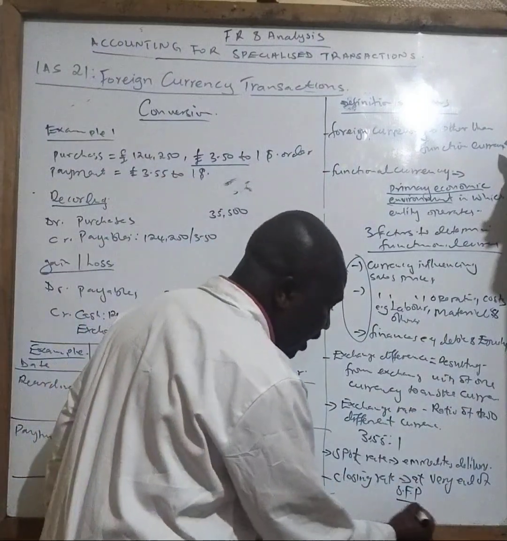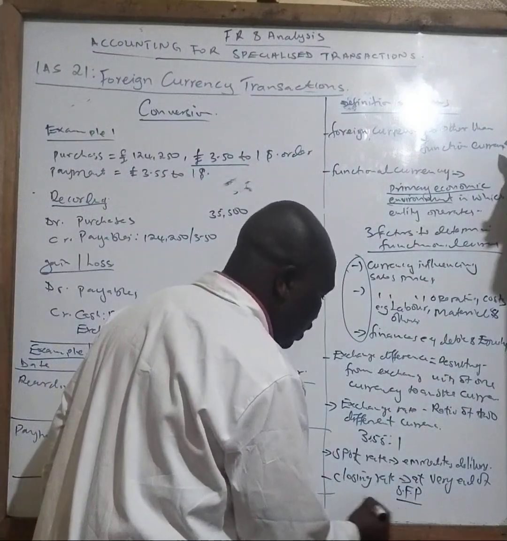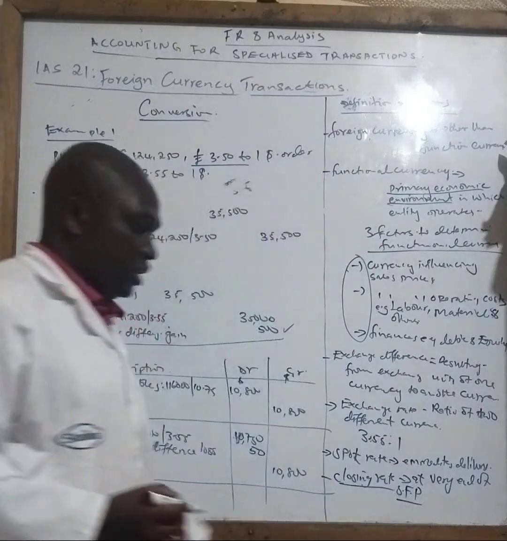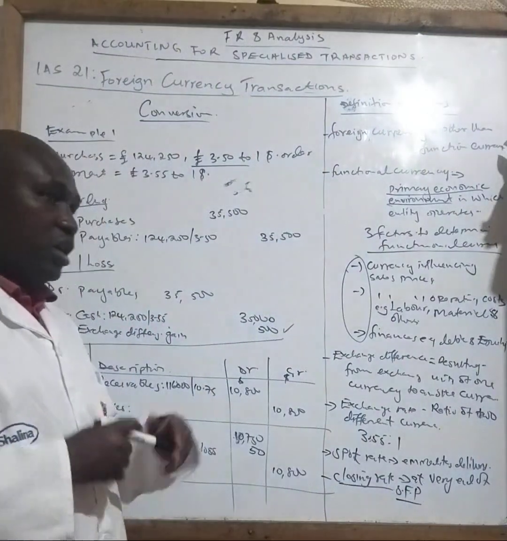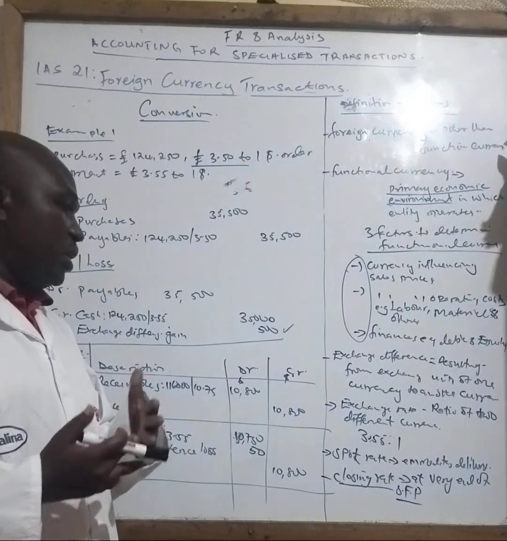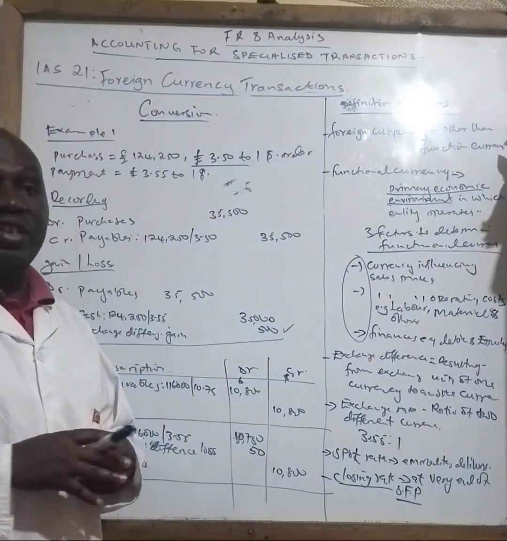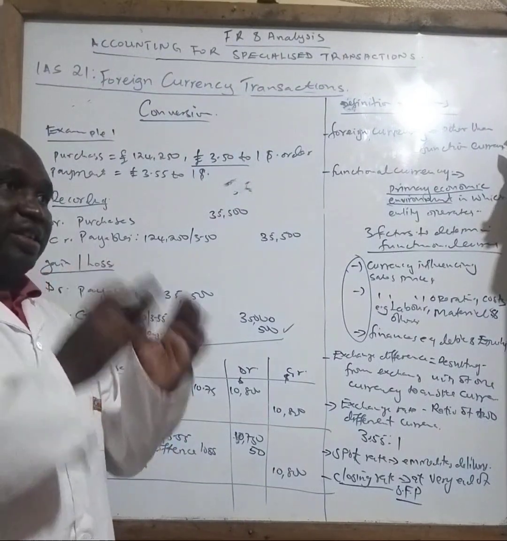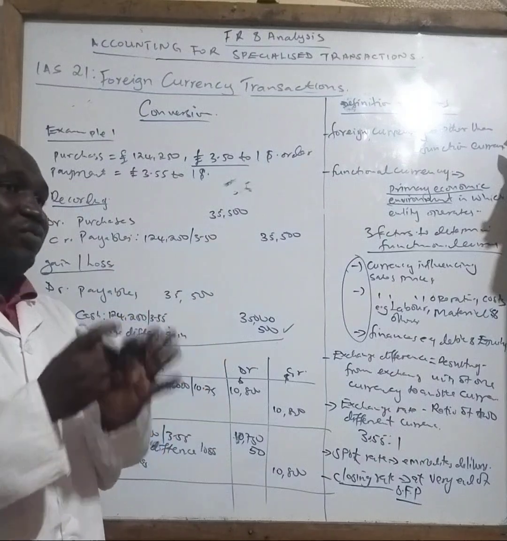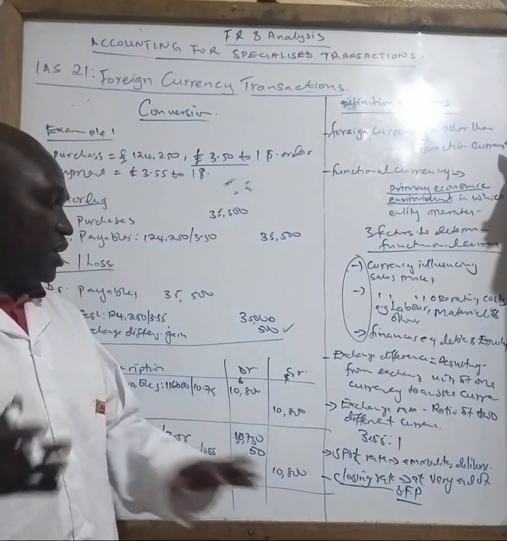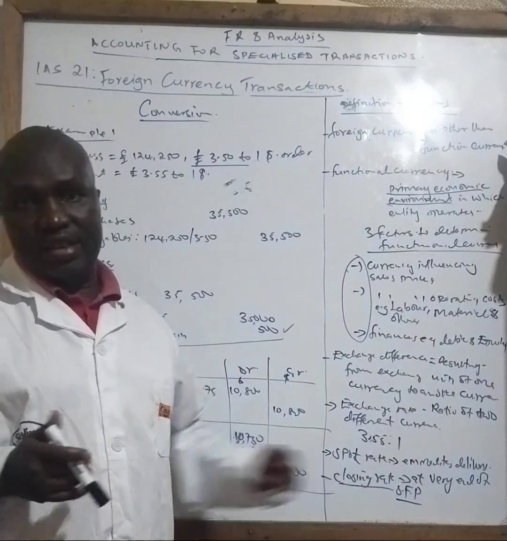That exchange rate at the end of the balancing date is what they call the closing rate. In most cases in Kenya, most companies prepare their financial statements as at 31st of December every year. So the rate that prevails as at 31st of December every year is what they call closing rate.